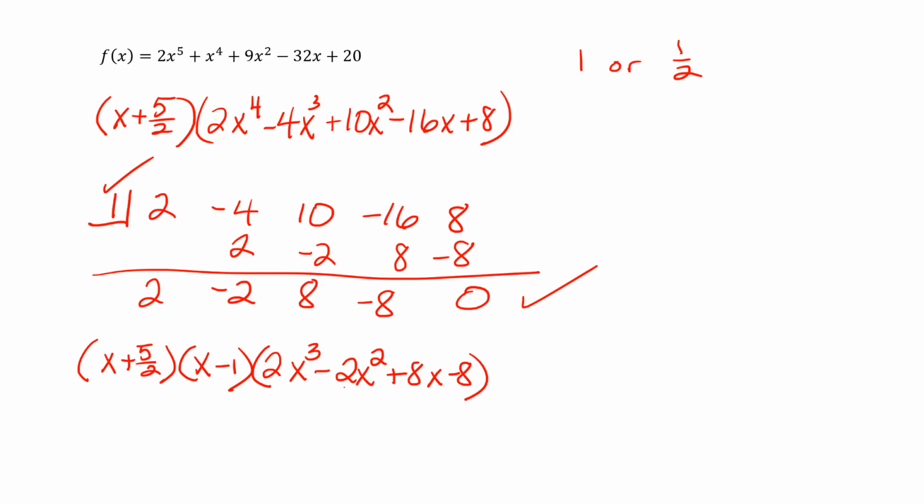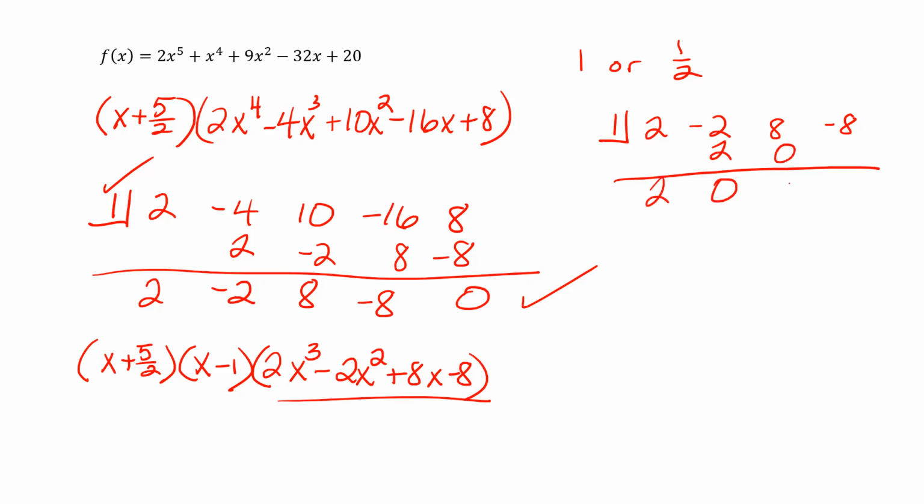So we're going to have to take what we have left here and try 1 again. That would be easy. So we've got 2, negative 2, 8, and negative 8. So bring down the 2. 2 times 1 is 2. Get 0, 0, 8. And 1 is a 0 again.